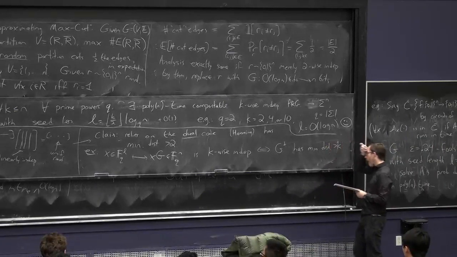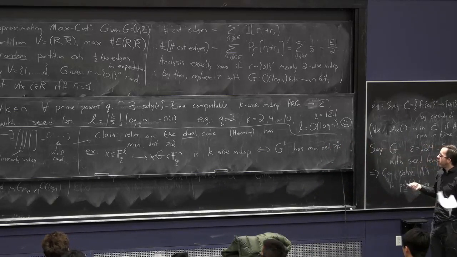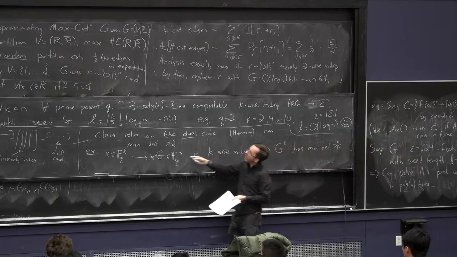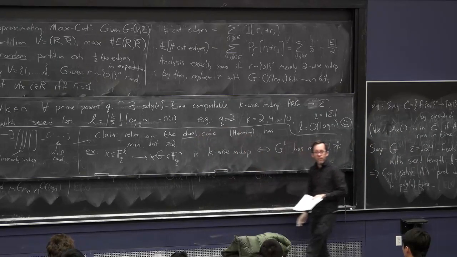Okay, and so if you know good codes, then in some sense their duals give good k-wise independent generators.